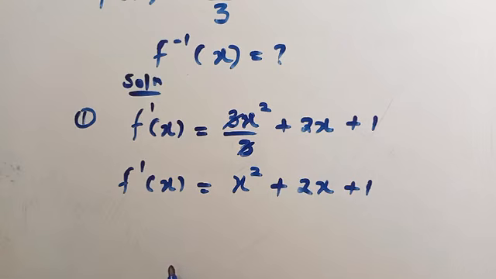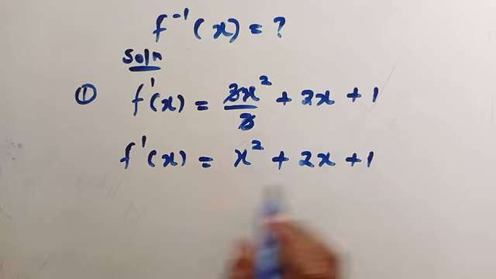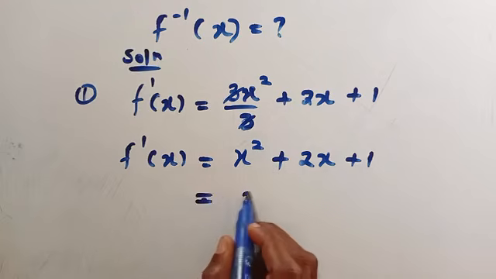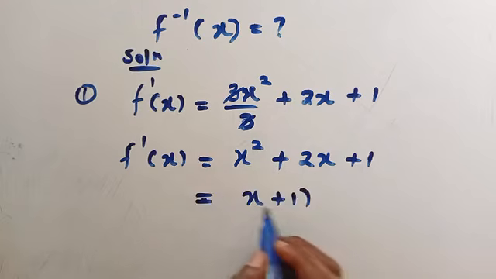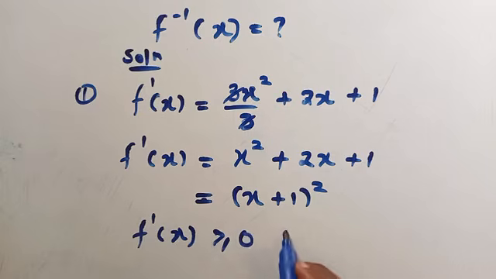And in the next step, let's rewrite this x squared plus 2x plus 1 as x plus 1 raised to the power of 2. It's still the same thing. So this is telling us that f prime of x is always greater than or equal to 0.